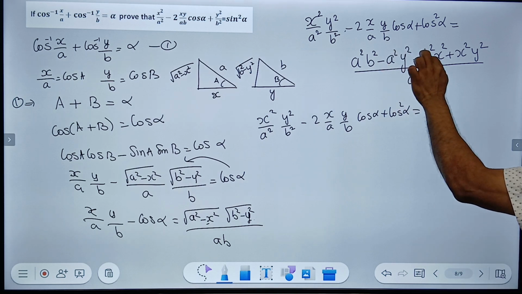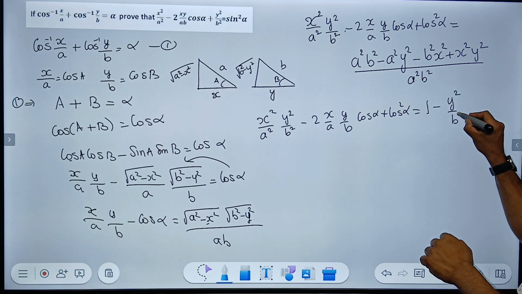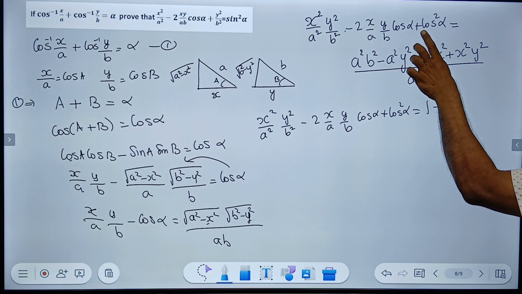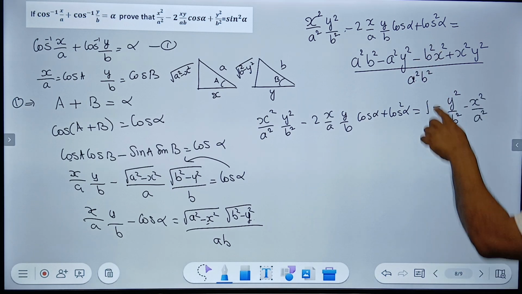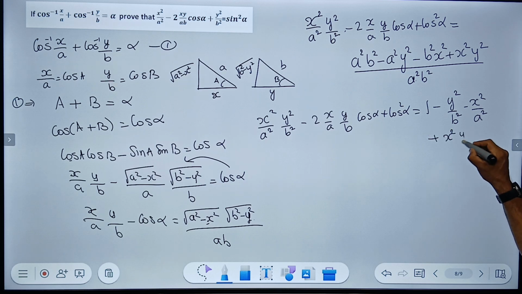Here a square and a square gets cancelled. I will get y square by b square. Again, if I split this, b square and b square cancel, you get minus x square by a square. And here it will be plus x square y square by a square b square.